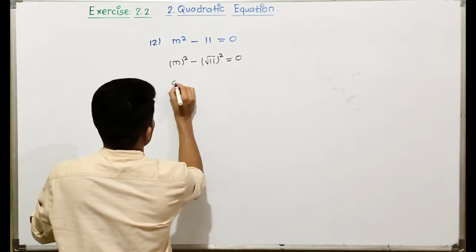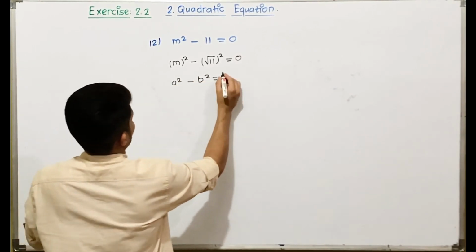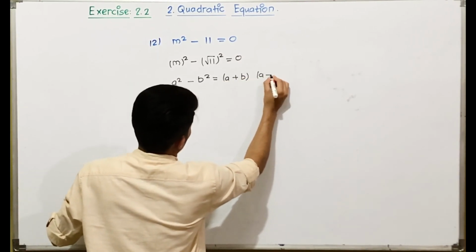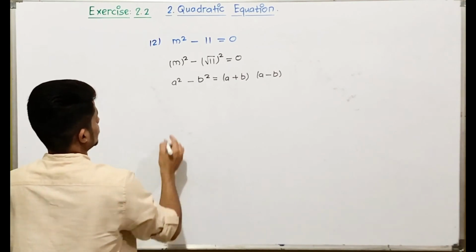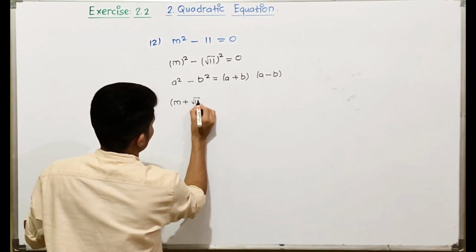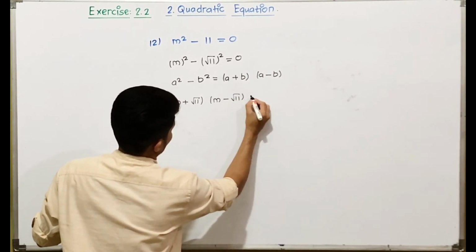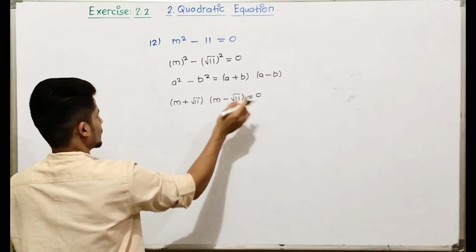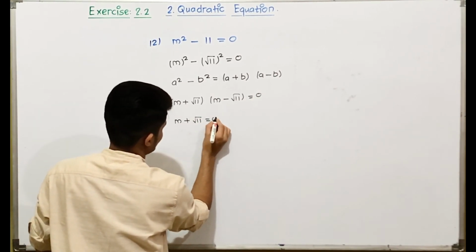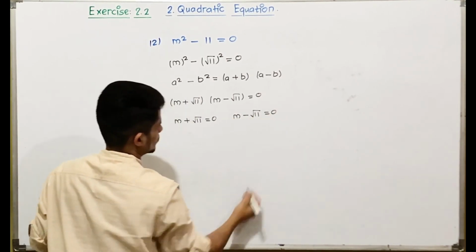Now we will be using the a square minus b square formula, that is (a plus b) and (a minus b). So (m plus root 11)(m minus root 11) is equal to 0. We'll equate these two with 0, that is m plus root 11 is equal to 0 and m minus root 11 is equal to 0.